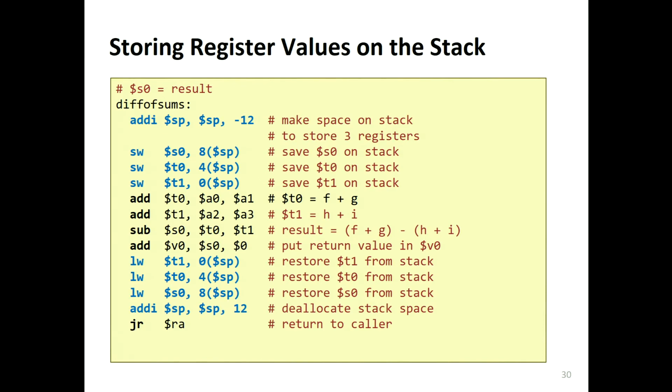Yes. So another use of the stack is to pass more than 4 arguments to a function. You can push these arguments into the stack if you have more than 4 arguments, and then the called procedure needs to know how many arguments the caller has put into the stack.